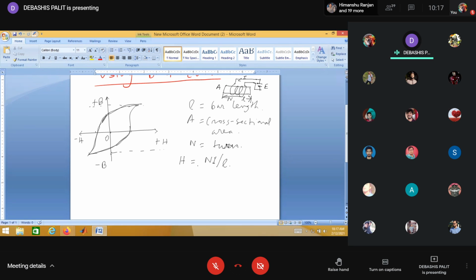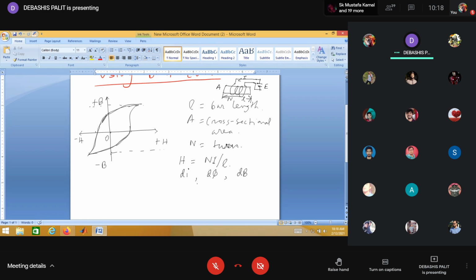Now you know that whenever the current is increased, say an increment of current dI, there is obviously a flux increment. I'm considering the increment of flux, d phi, and since the cross-sectional area is constant, an increment of flux density dB.